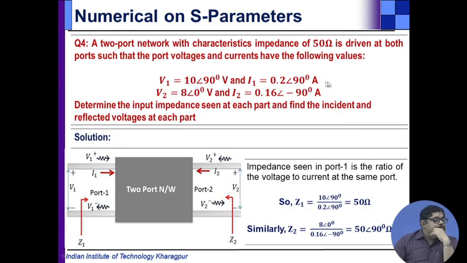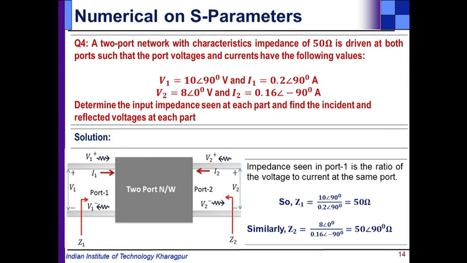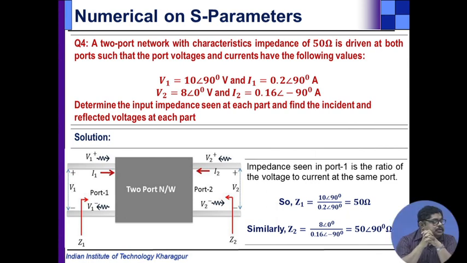Now, a 2-port network with characteristic impedance 50 ohm is driven at both ports such that these are the various port voltage and current values. So, determine the input impedance seen at each port and find the incident and reflected voltages at each port. So, it is driven at both ports.